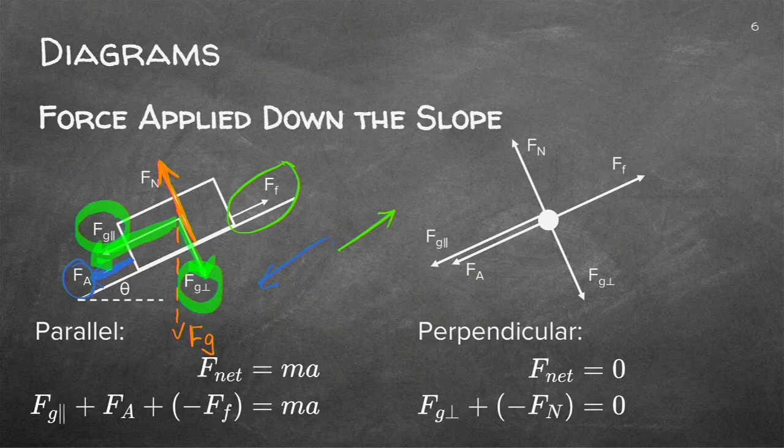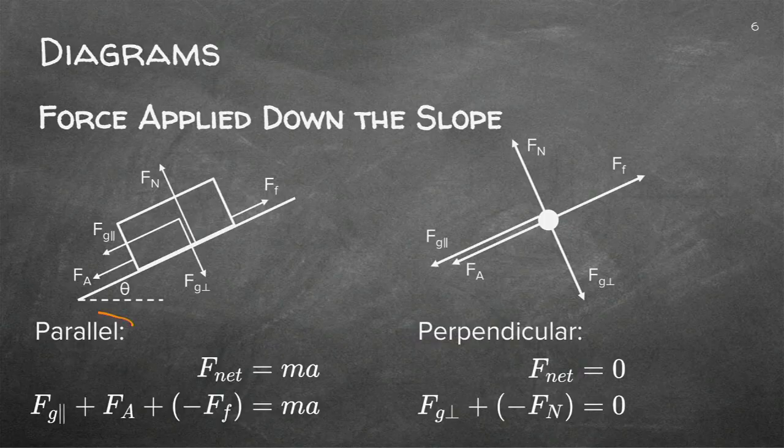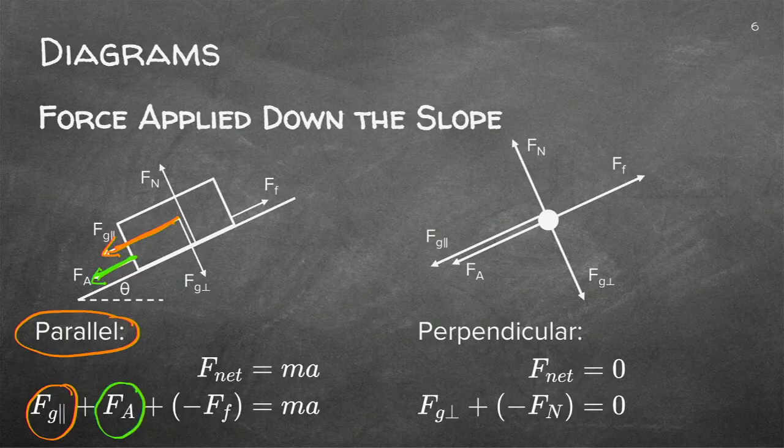Now let's quickly see how we actually calculate all the forces in the parallel direction. Well, we've got Fg, which is the parallel component. Can you see it there in orange? Can you see I also have the applied force, which was the green one?